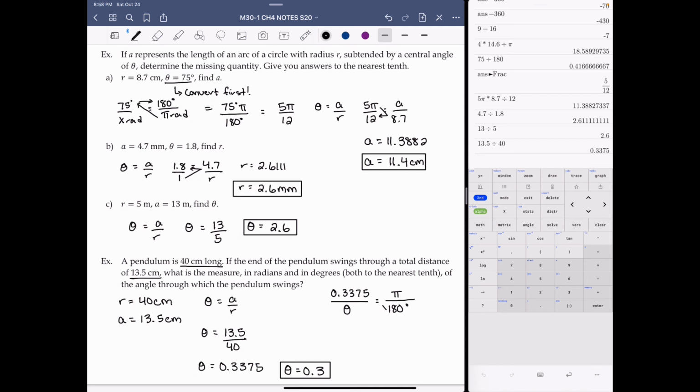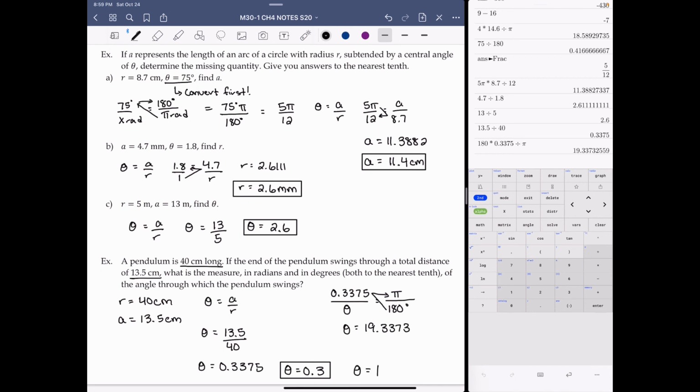Cross multiply and divide. 180 times 0.3375 divided by pi. We get 19.3373. Rounding to the tenth position, we get theta equals 19.3 degrees.